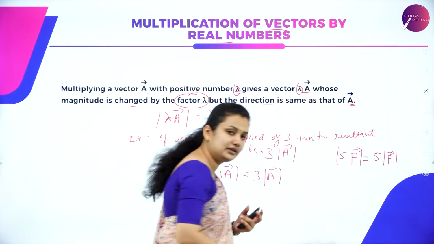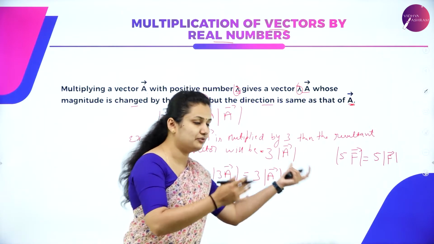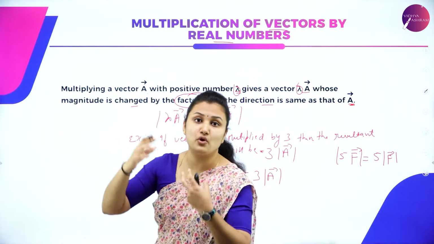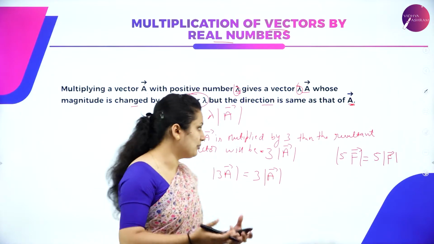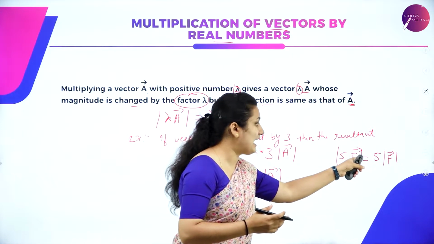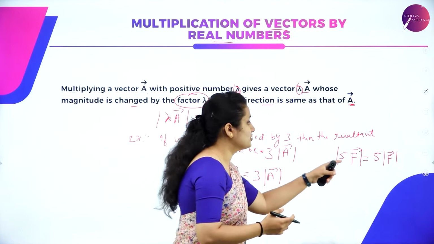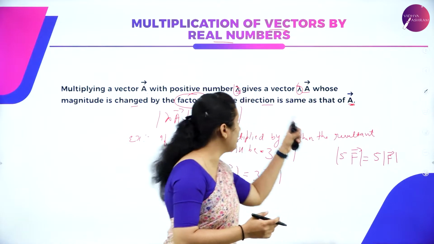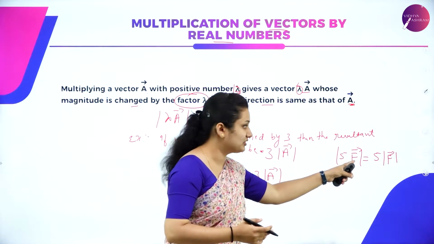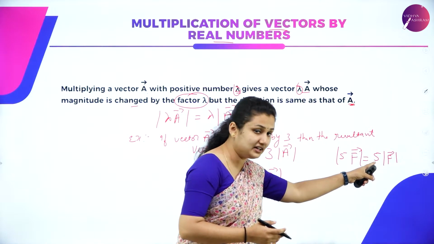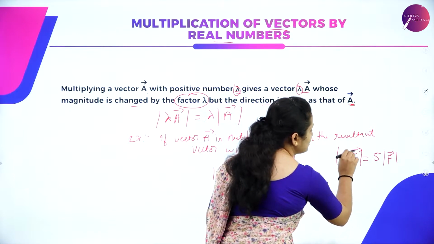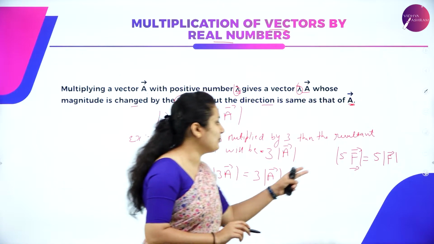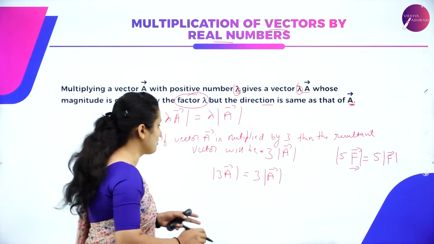The force is multiplied. I multiplied by a real, positive number 5 here. So the magnitude is changed, and it has a direction. The new vector I get, the magnitude is changed, but the direction remains the same as that of the direction of force.